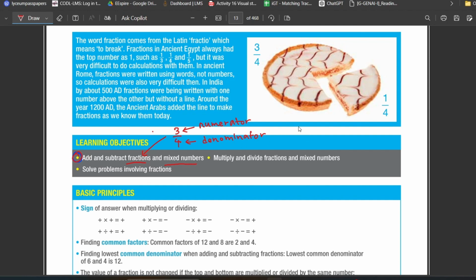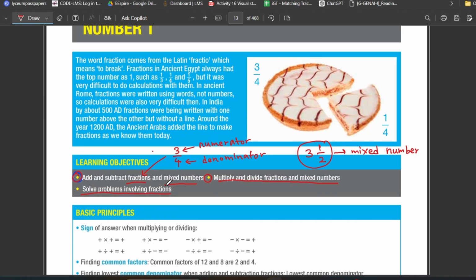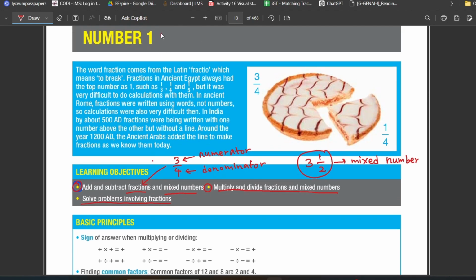Mixed numbers are numbers that have two parts, a natural number and a fraction. So something like 3 and a half, and this is a mixed number. And we have to look at multiplying and dividing fractions and mixed numbers, and solving problems involving fractions. Those are the main learning objectives of this first lesson, number 1.